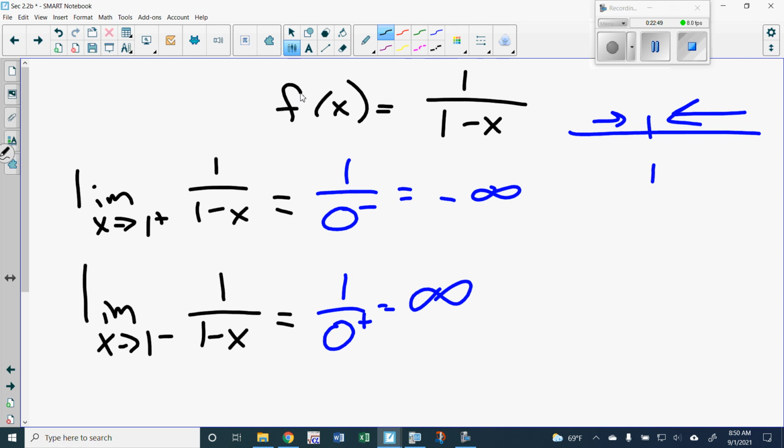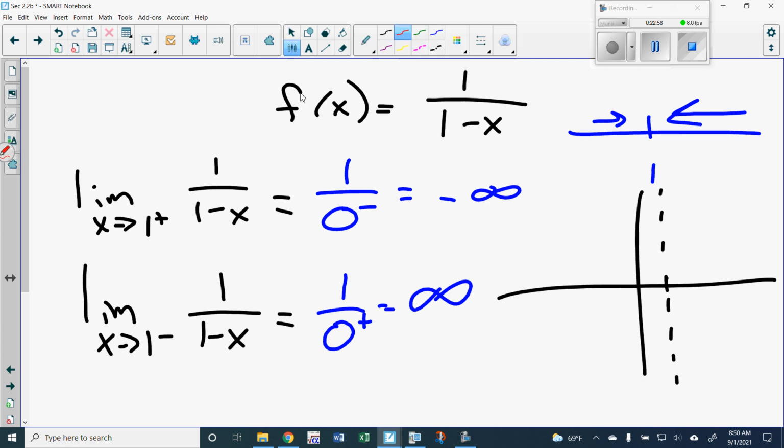If I go to graph this, before I put it in the calculator, we are going to have a vertical asymptote at 1. From the right, where is it going? Actually, that's wrong. And then from the left, it's going to infinity.